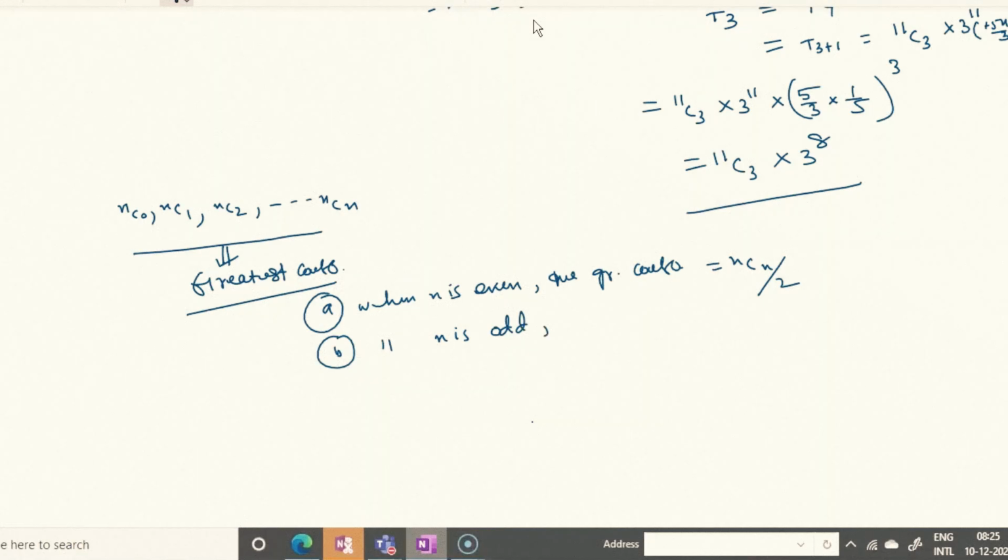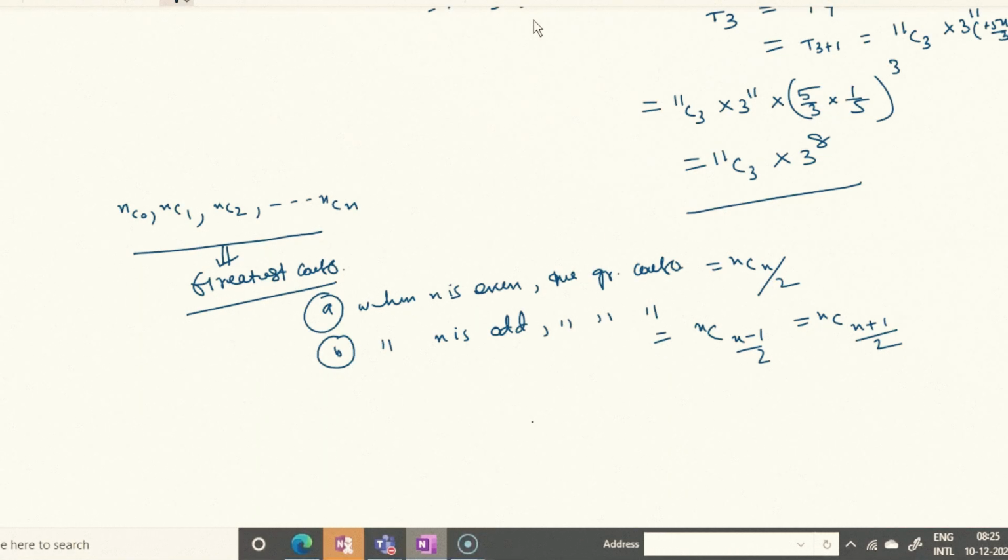When n is odd, the greatest coefficient will be nC (n minus 1) by 2 or nC (n plus 1) by 2. This is a very useful fact. If you remember this fact, then you can write the answer in one step only.